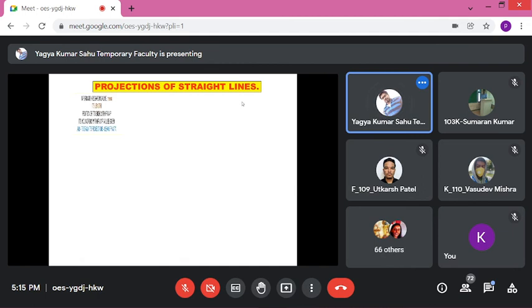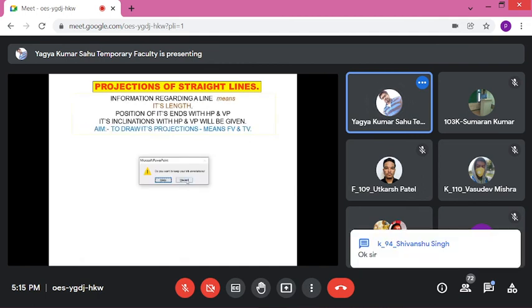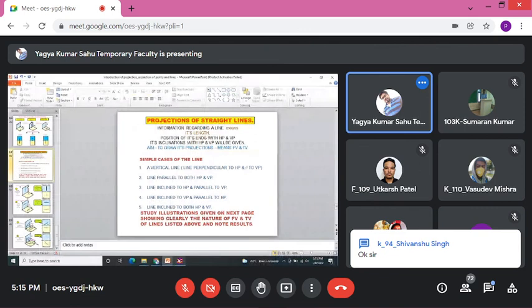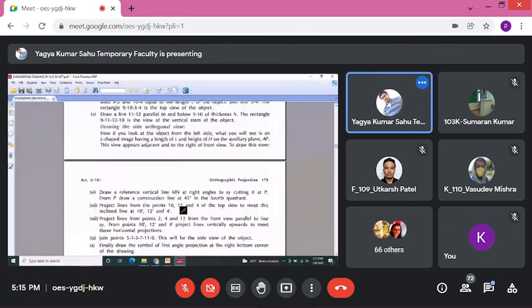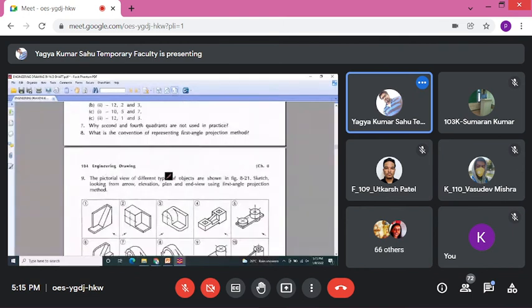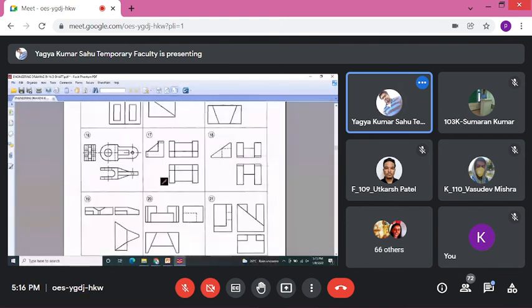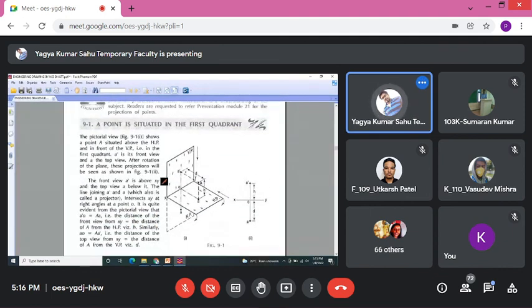One second, I'm showing you in the book. So for projection of a point, here you can see a point is situated in the first quadrant.